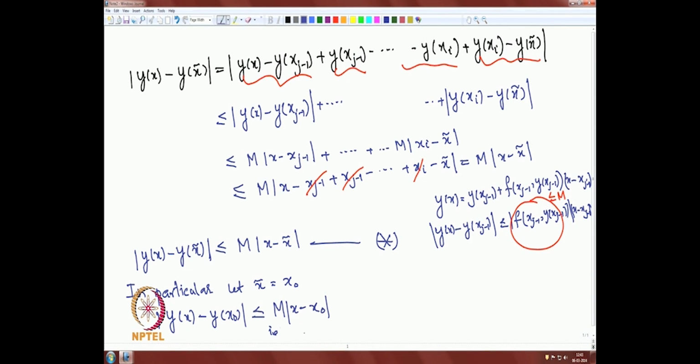Here x minus x0 is bounded by h, which is again bounded by b by definition of m and h. So, what is the conclusion?